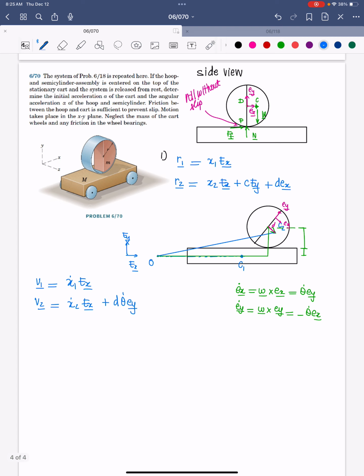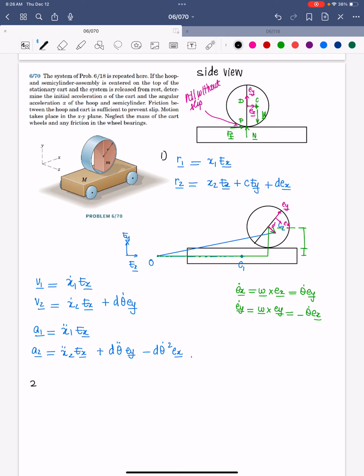Okay, so this is v2, and a1 is x1 double dot ex, a2 is x2 double dot ex. Here we're going to have to use the product rule because theta and ey both depend on time. So that's d theta double dot ey minus d theta dot squared ex. Very well, that was our first step.